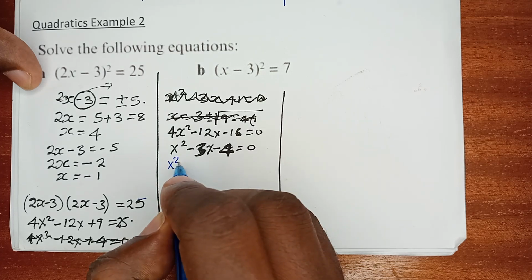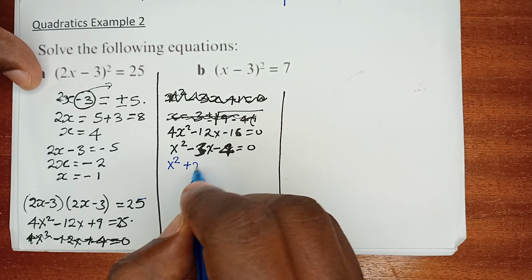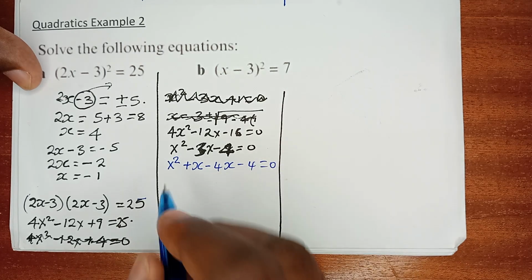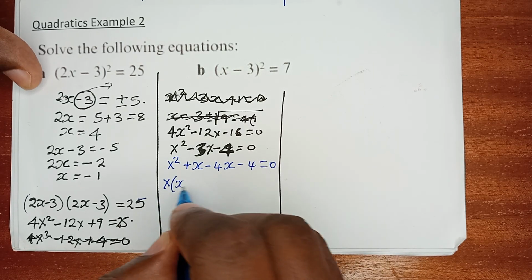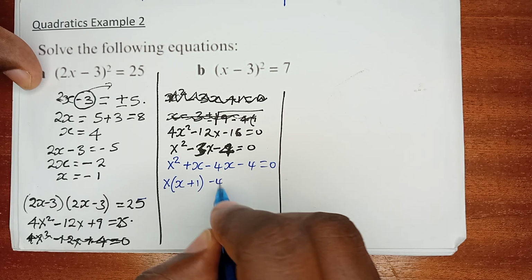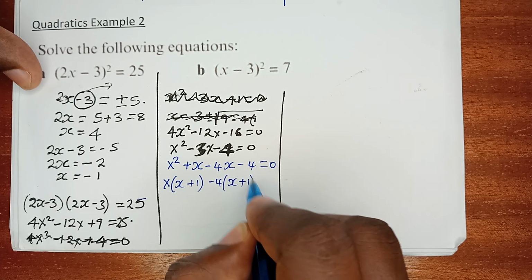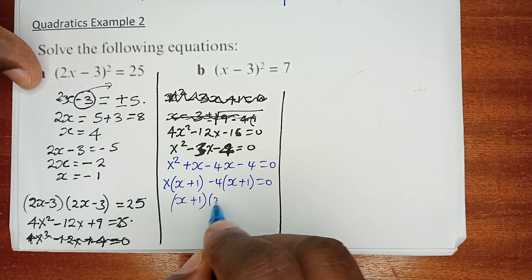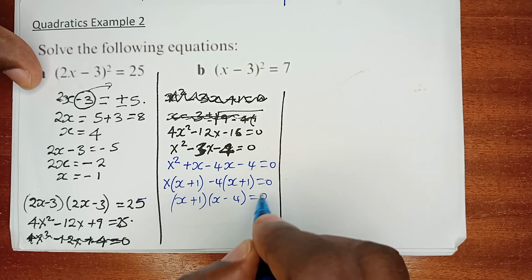So we have x squared plus x minus 4x minus 4 is 0. So x is common, x times x plus 1 minus 4 times x plus 1 is 0. So it is x plus 1, x minus 4, which is 0.